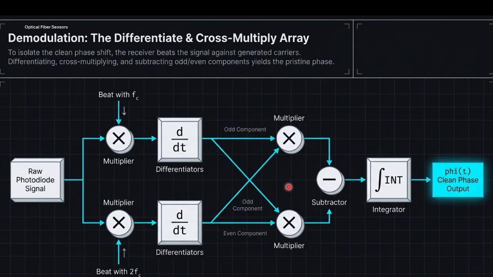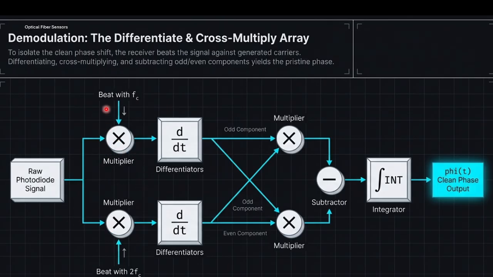Then moving towards the next thing, which is the demodulation, the differentiate and cross multiply array. To isolate the clean phase shift, the receiver beats the signal against generated carriers, differentiating, cross multiplying and subtracting the odd and even components, which yields the pristine phase. This is the schematic diagram, where the raw photodiode signals are split into two.